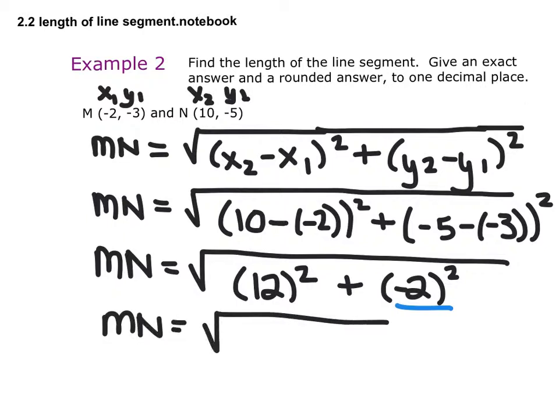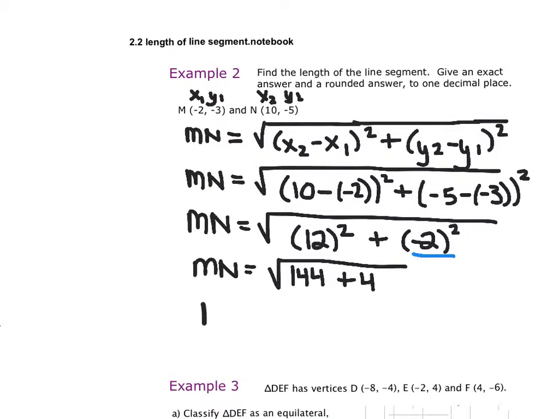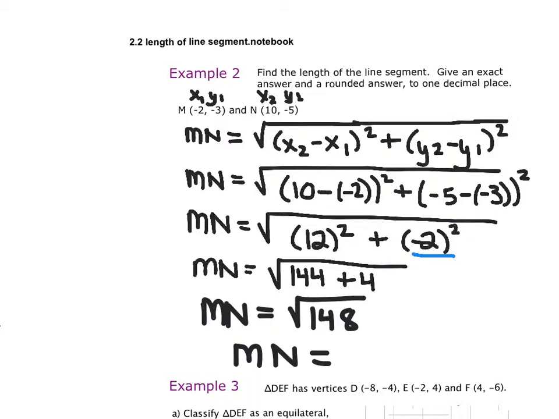So 12 squared is 144. -2 squared becomes +4. Continuing on, we get the square root of 148. Thus, our answer is 12.2 units.